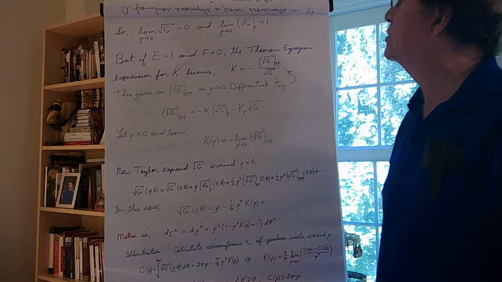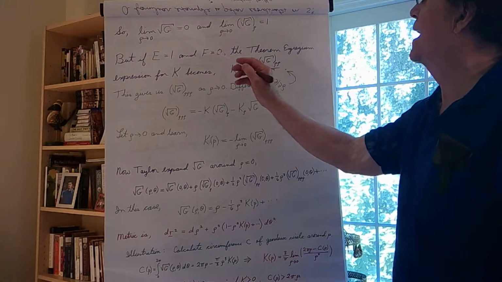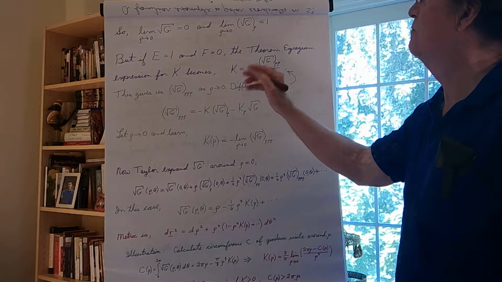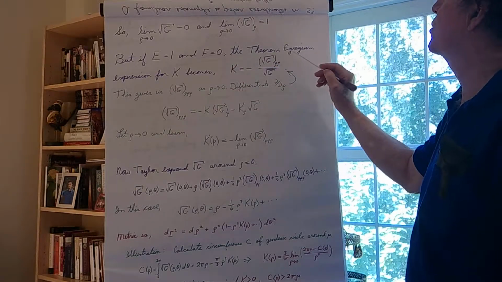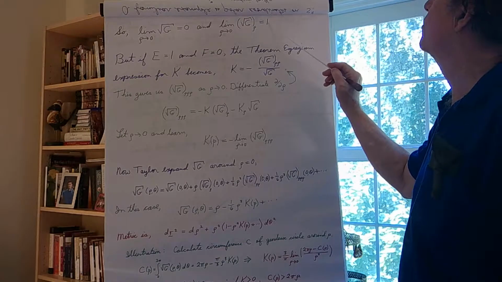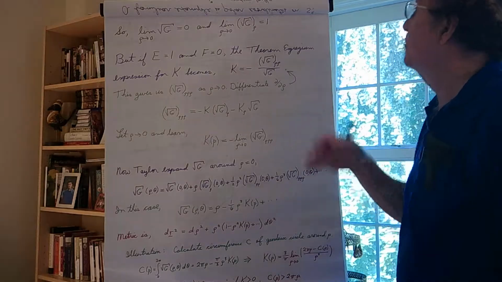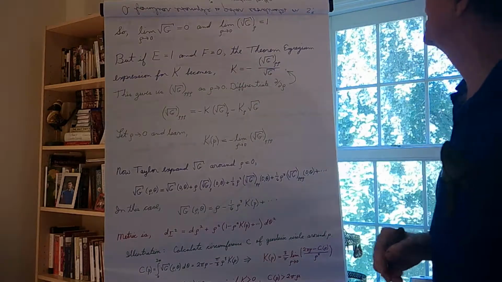In that case, square root of g has to go to rho itself, and I express that statement through these two. Square root of g goes like rho, so it goes to 0 when rho goes to 0, and its gradient in the rho direction approaches 1 when rho goes to 0, because again, square root of g is really behaving like rho. Okay, so that's the situation.